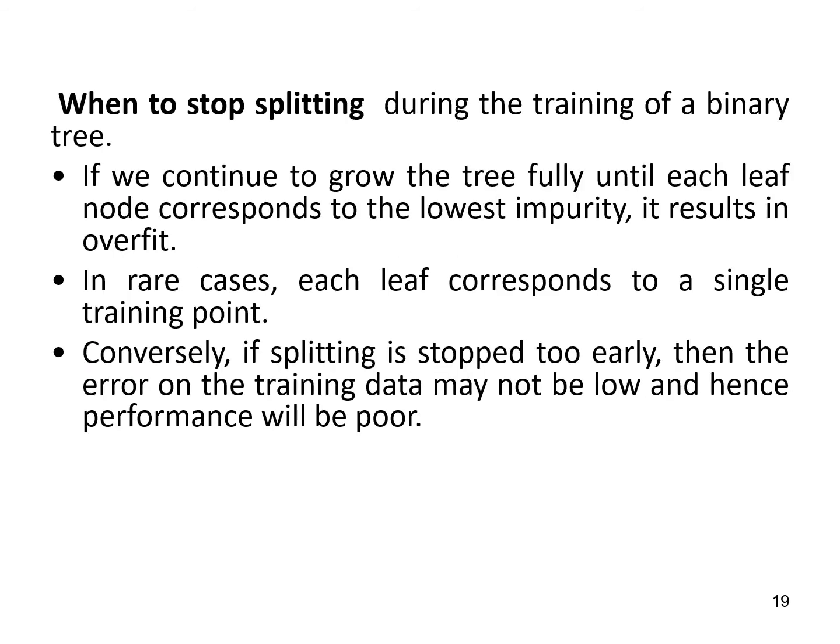When to stop splitting during the training of a binary tree? If we continue to grow the tree fully until each leaf node corresponds to the lowest impurity, it results in overfit. In rare cases, each leaf corresponds to a single training point. Conversely, if splitting is stopped too early, then the error on the training data may not be low and hence performance will be poor.